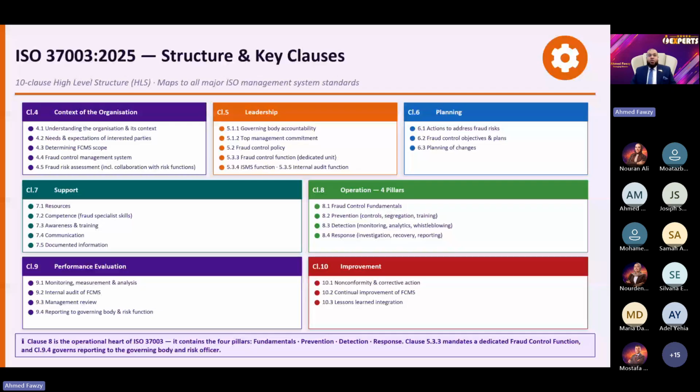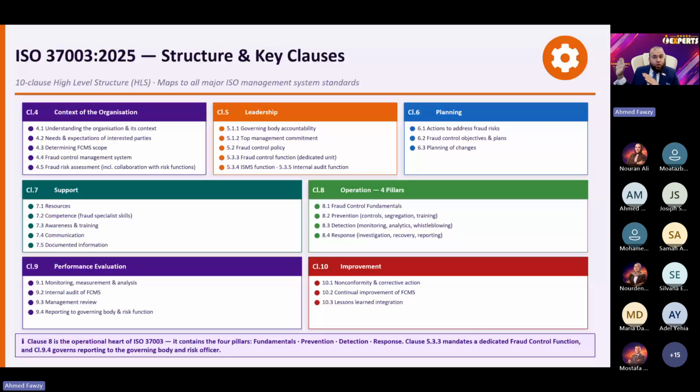Number 8, this is the heart of ISO 37003, the operation. We have 4 pillars: fraud control fundamentals, preventive, detective, and response controls. We will get into a lot of details inside this operation, but remember that we can call this part the real controls of this ISO standard.